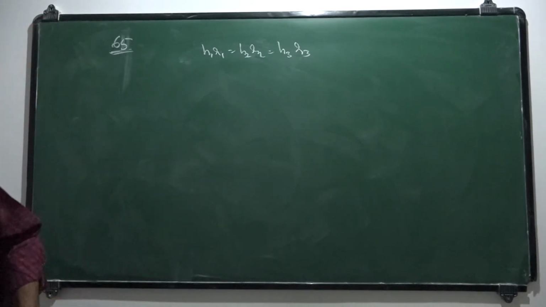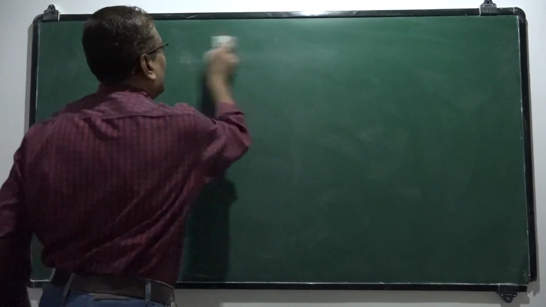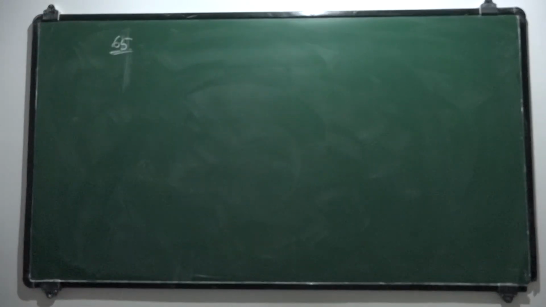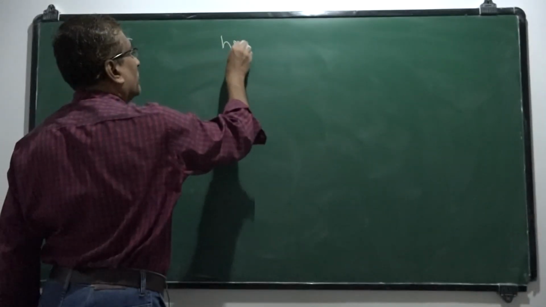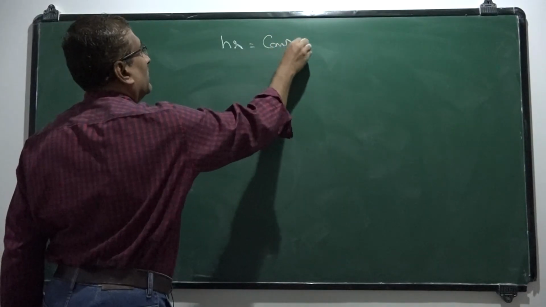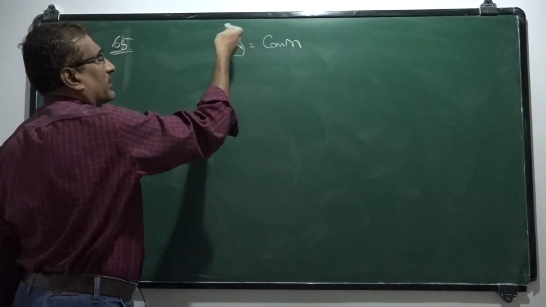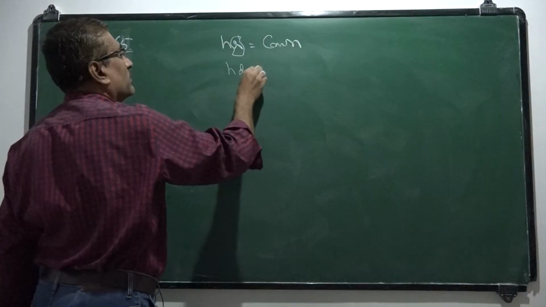Or we can write like this also. h r is equal to constant, whether it is radius or diameter. So h d is also constant.